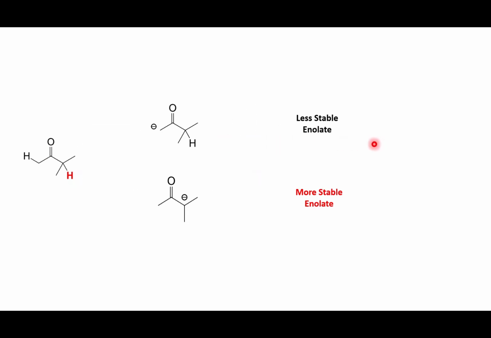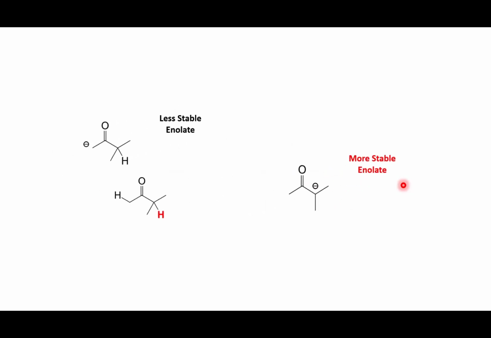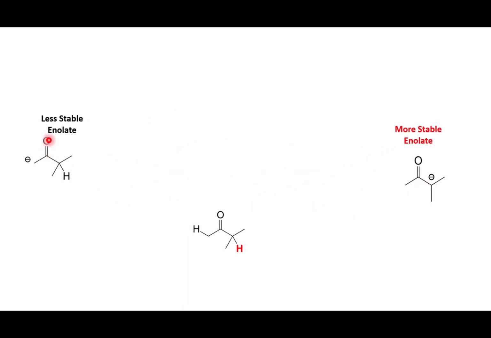Now, we can take a look at all of these things and remove some arrows, and we can also discuss this phenomenon when we look at reaction energy diagrams. So let's see how things shuffle around here. Less stable enolate moved over to the left-hand side, more stable on the right-hand side, and the original ketone hanging out down here at the bottom.